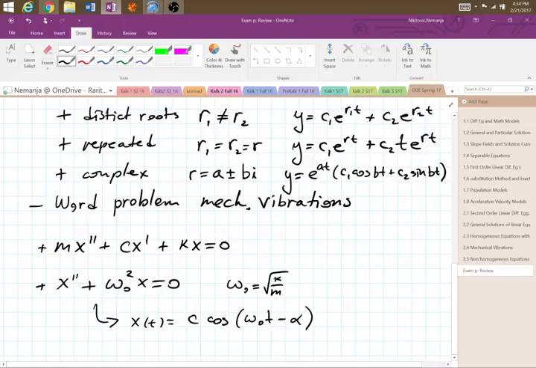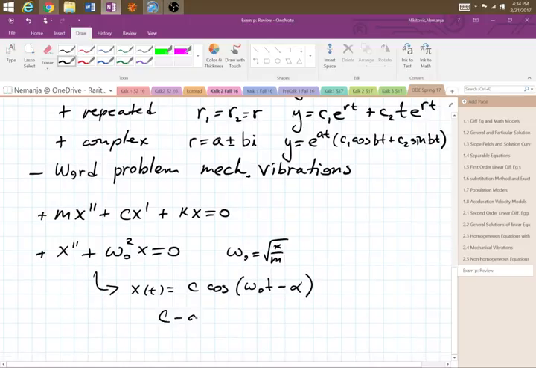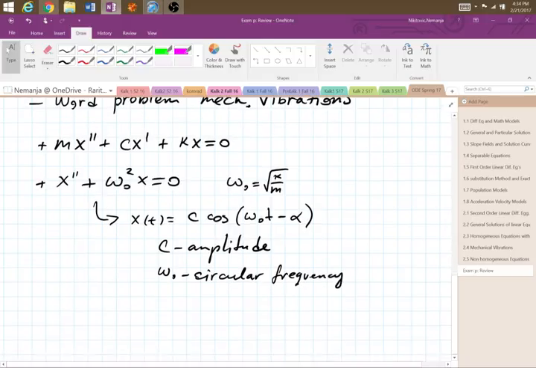C is the amplitude, omega 0 is the circular frequency, that's the angular velocity, and then alpha is the phase angle.